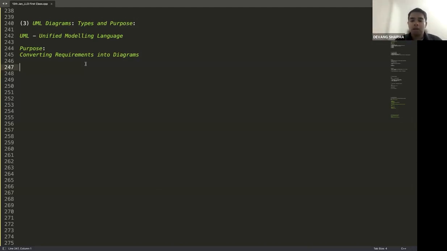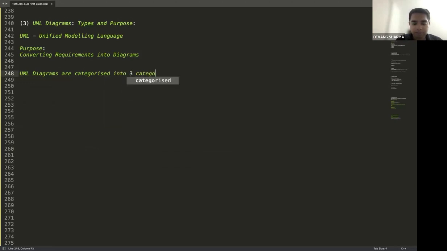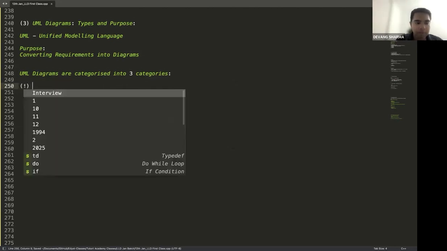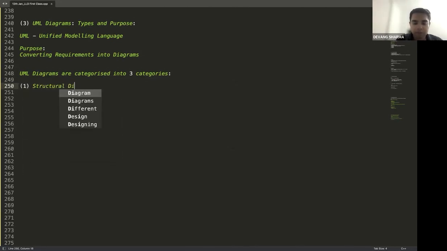Now, UML diagrams are categorized into 3 categories. Number 1, structural diagrams. Number 2, behavioral diagrams.